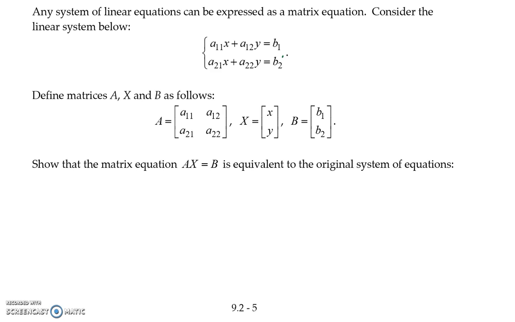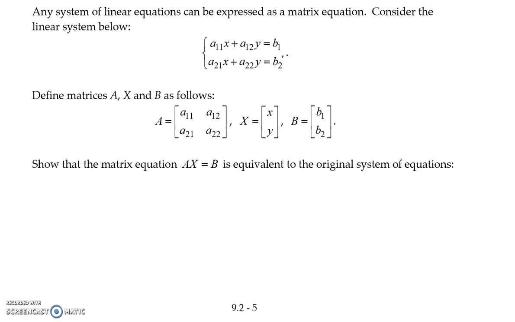Define matrices A, X, and B as follows. A consists of the coefficients on the left-hand side of the equal sign: a11, a12, a21, a22. Capital X represents what we'd call a column matrix consisting of the variables in the system, x and y.